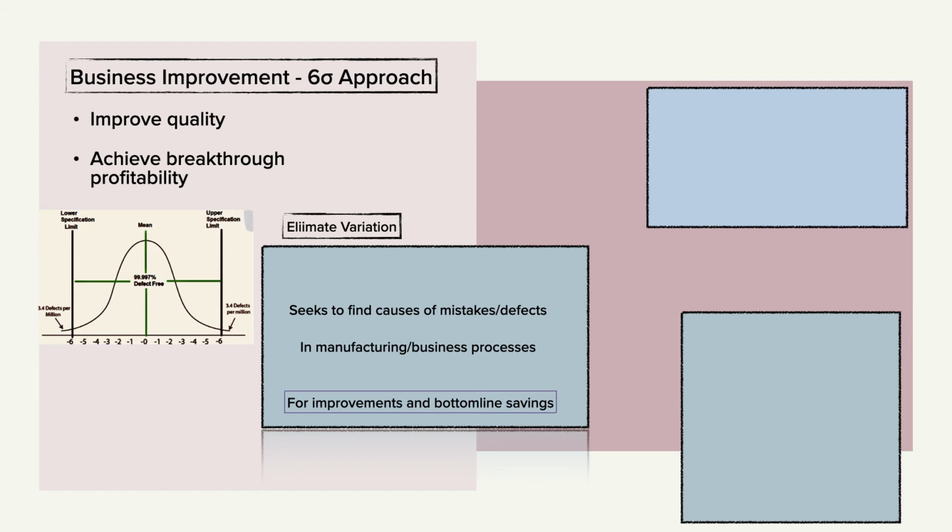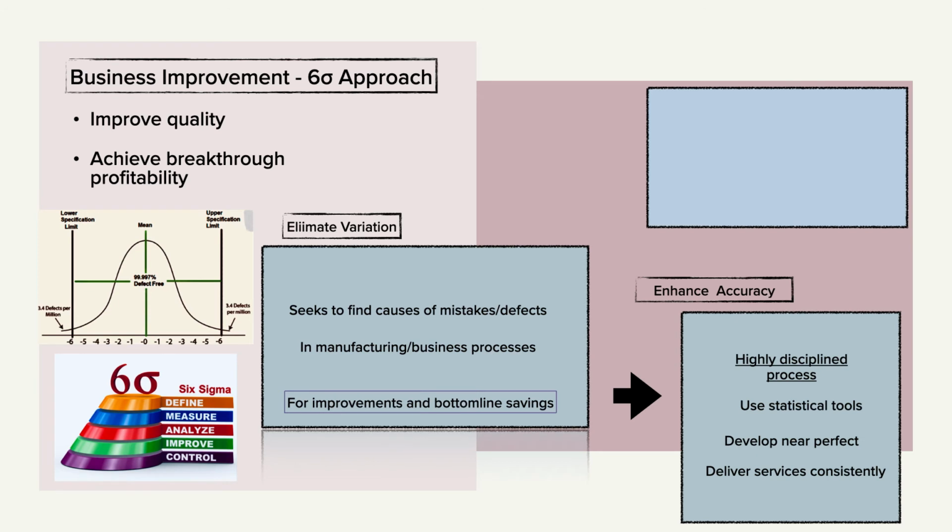Then it enhances accuracy by carrying out a highly disciplined process. The process includes the use of statistics, development of new perfect products, and/or delivery of consistent services. For these reasons, this method is really a systematic process to find true root causes of problems.